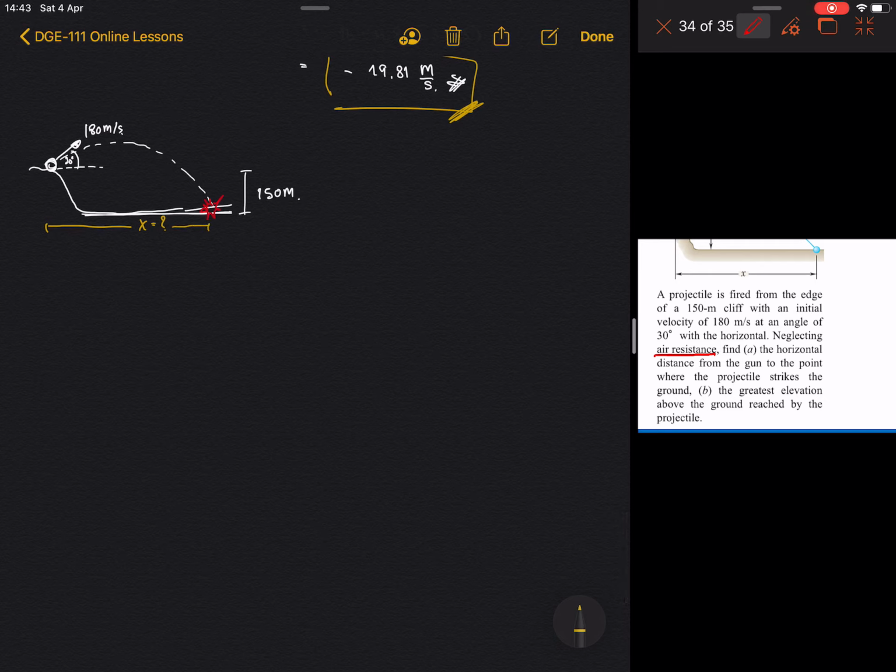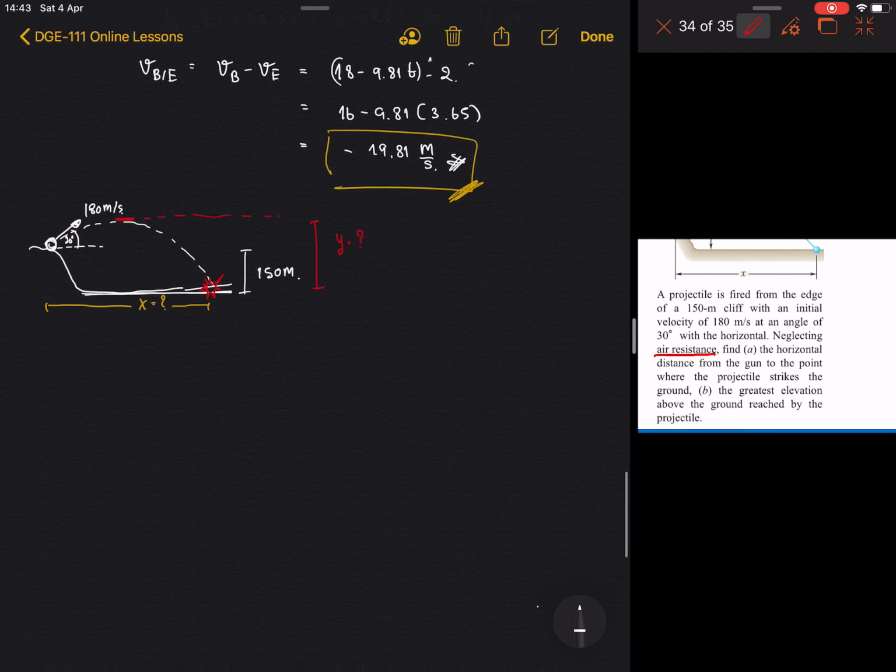And b, the greatest elevation above the ground reached by the projectile. So they are asking for two things.